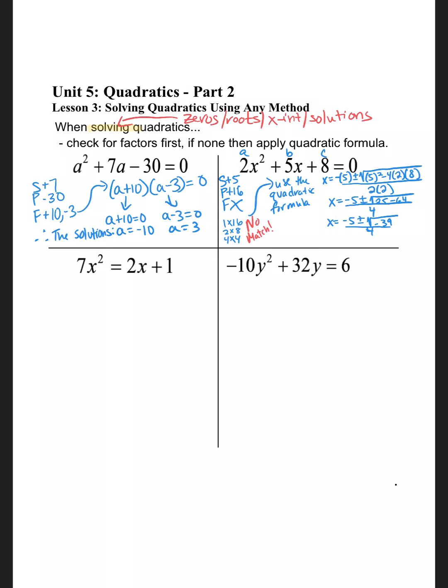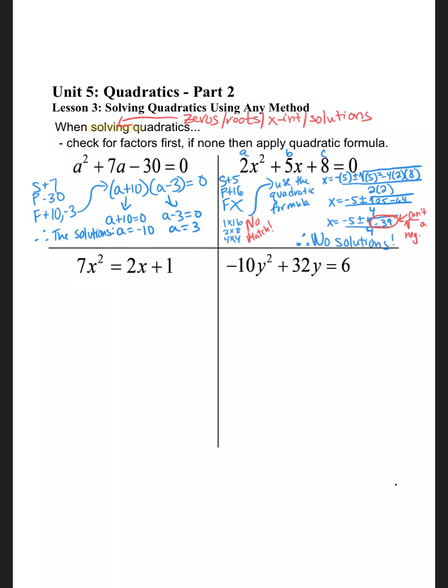Okay, you can't have a negative under your square root, right? You can't square root a negative. So that means, therefore, there are no solutions to this quadratic. Right? Will not factor. Okay, let's take a look at that next one. See if we can get it to work.